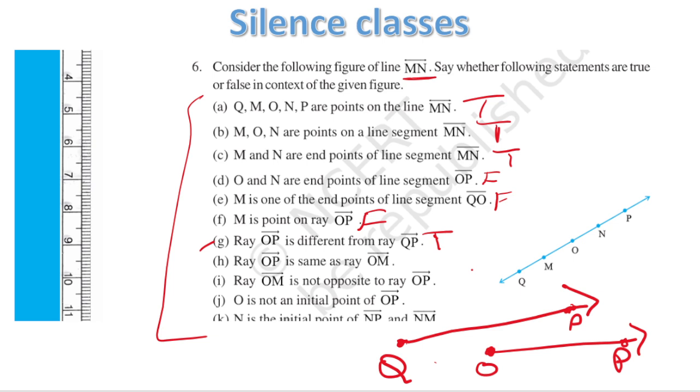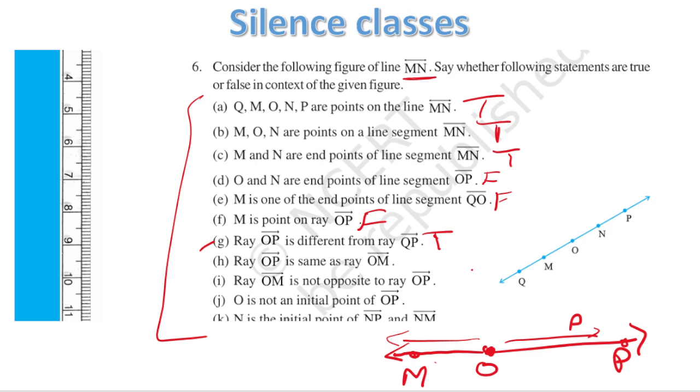Okay, now ray OP is the same as ray OM. Now we are talking about OP and OM. OM is moving in a different direction. If OP is moving towards the right, OM is moving towards the left, so both rays are different.